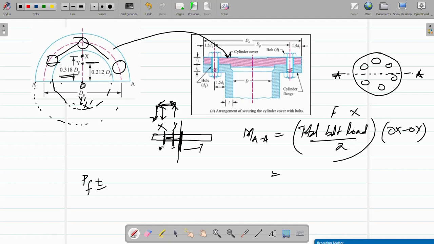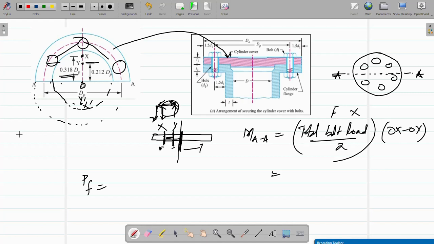Okay, yes. The total bolt load is actually the total pressure applied on these bolts, apart from the tightening torque. Why? Because this moment is because of the pressure. Because pressure is applied, that's why moment is generated.